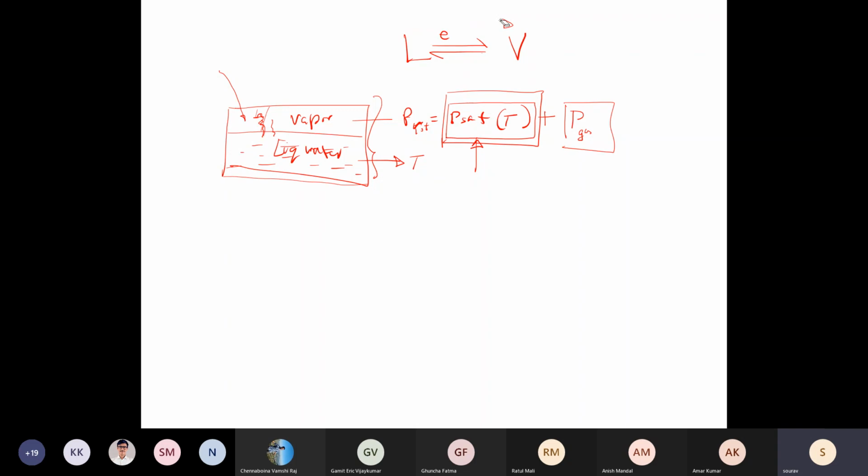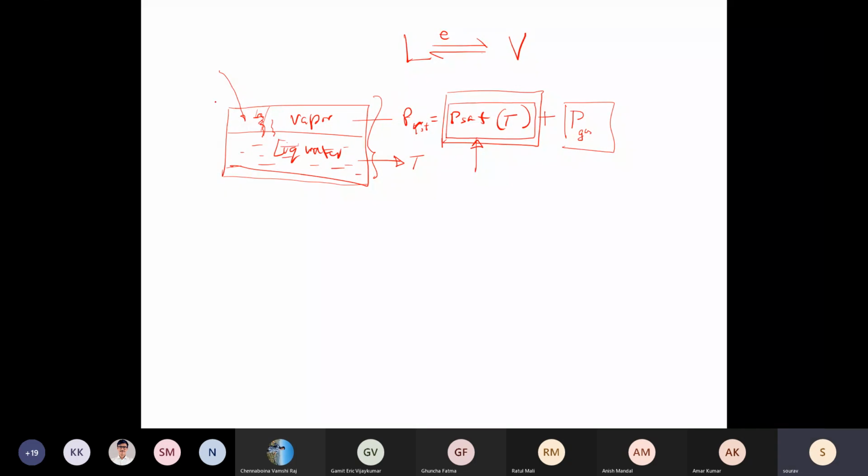So the system will tend towards the equilibrium condition, that is Psat at this liquid temperature. And for thermodynamic equilibrium, this liquid temperature and vapor temperature were also assumed to be the same. If you don't have equilibrium there also, then again we will have to reassess the entire thing.